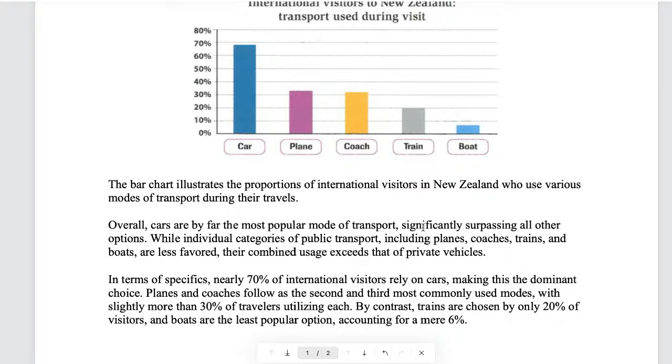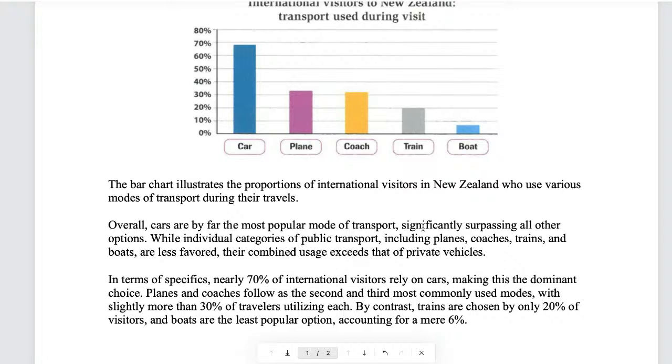Comma is a comma. Overall, comma. Cars are by far the most popular mode of transport. Comma. Significantly surpassing all other options.